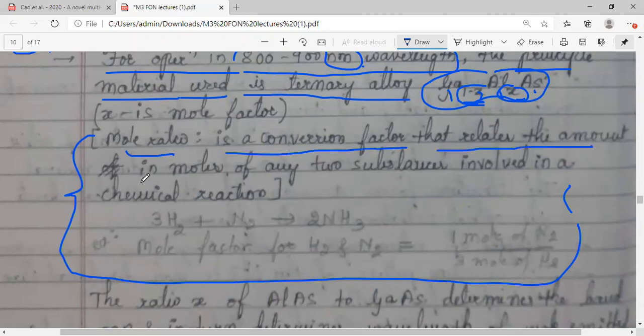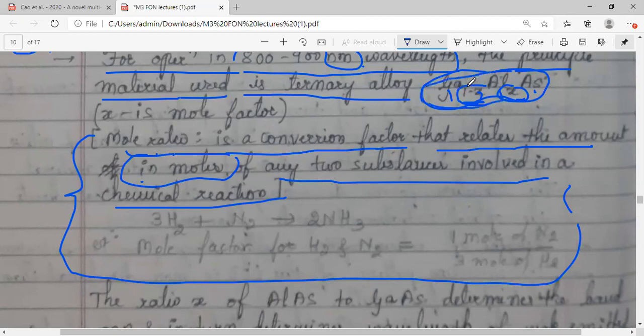It will relate the amount, in moles, of any two substances involved in a chemical reaction. Try to understand what you mean by mole ratio. If you understand this, then you can understand how much part of gallium and how much part of aluminium is reacting. That information you can get.